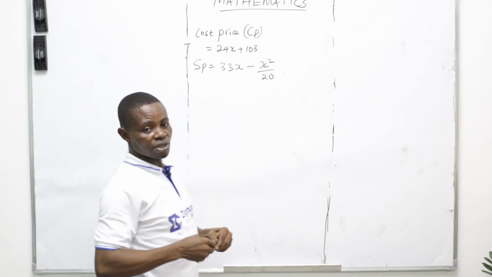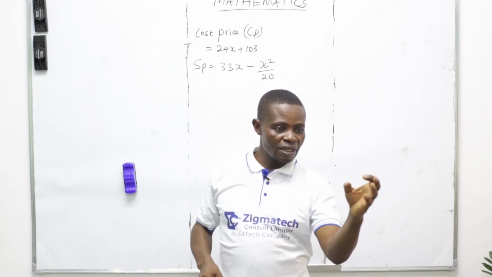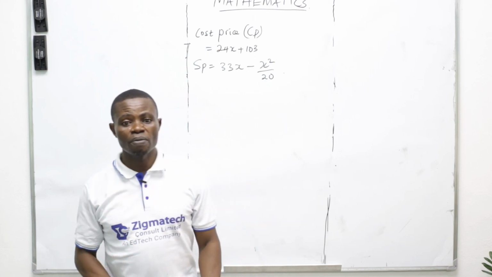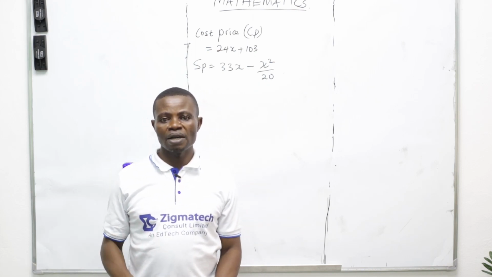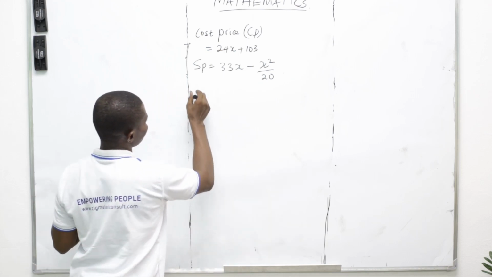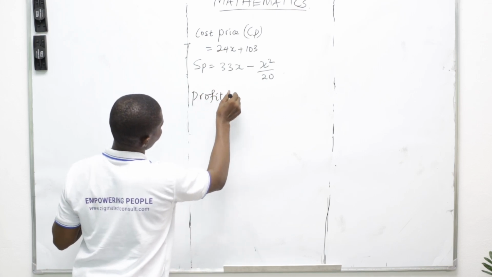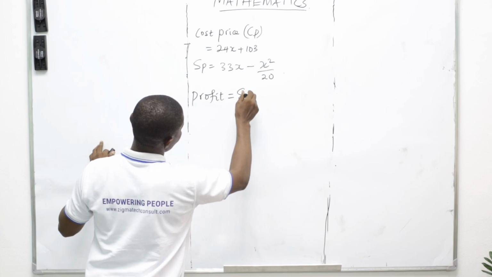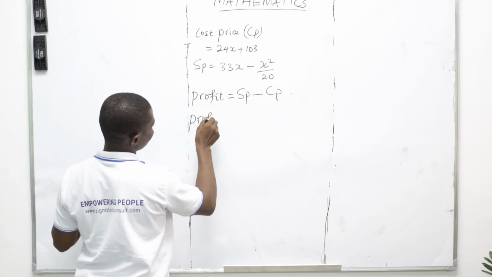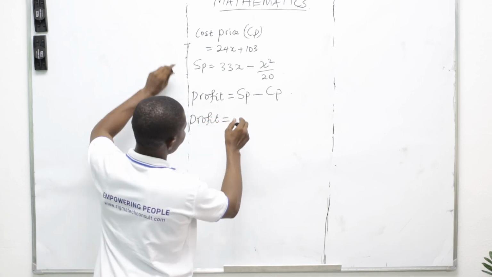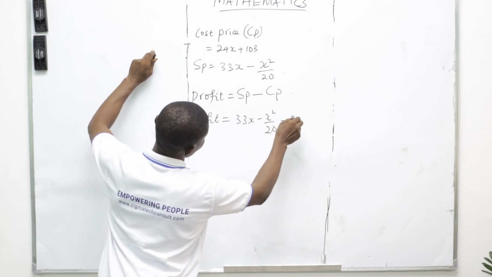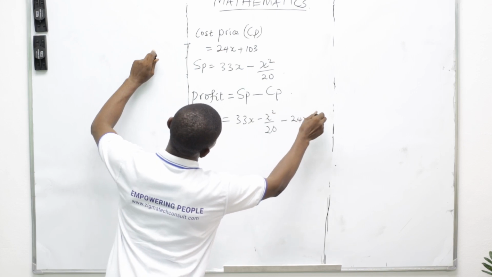Now let us look at the question they say we should solve. Find the expression for the profit. Okay? Thank God we have done profit before. Profit simply means selling price minus cost price. Now, profit here equals the selling price, 33x minus x squared all over 20, minus cost price, 24x plus 103.